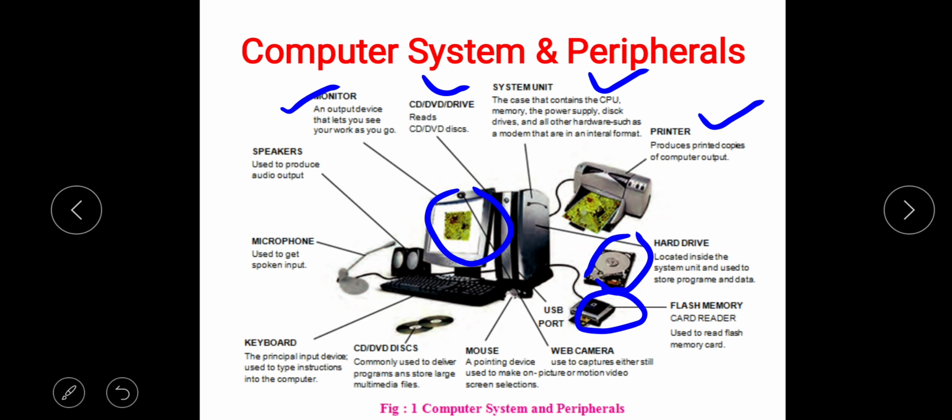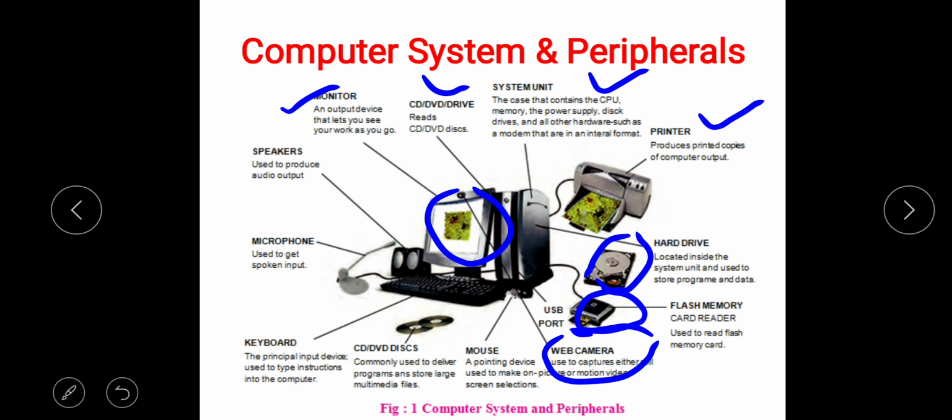This is called flash memory, where a card reader is used to read the flash memory card on which we store data in the form of memories. Next, to interact with another person at a distance, we use a web camera. Nowadays it is inbuilt in smartphones and laptops.